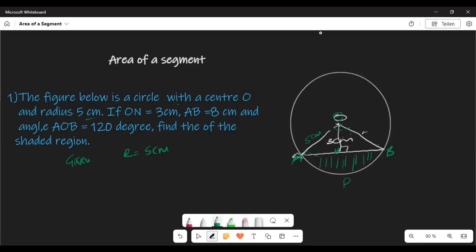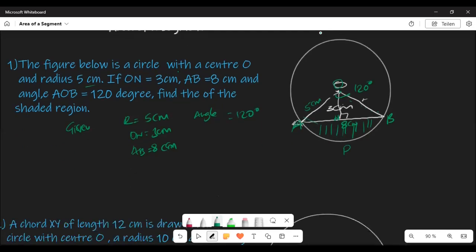We have AB, which is 8 centimeters. Then we have angle AOB, this one here, 120 degrees.